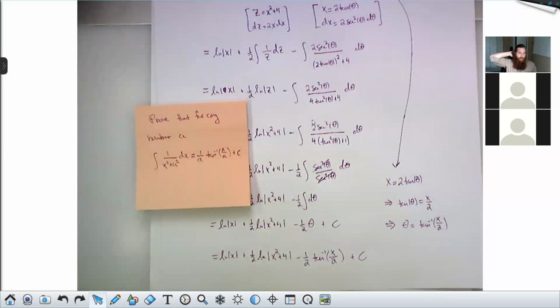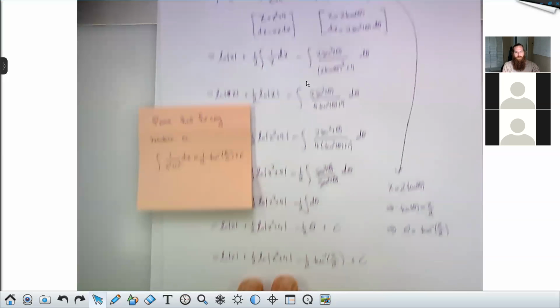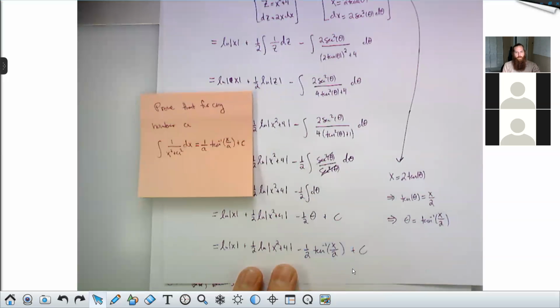So in our problem here, a was 2. The maneuver is a trig sub thing. It's not hard, but on an exam, do you want to have to do all of this? Or would you like to just go from the line up here to this piece right away? I know what I would rather do.